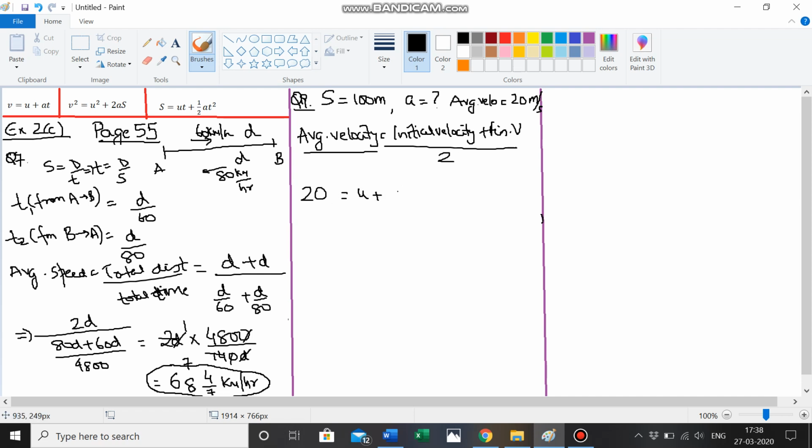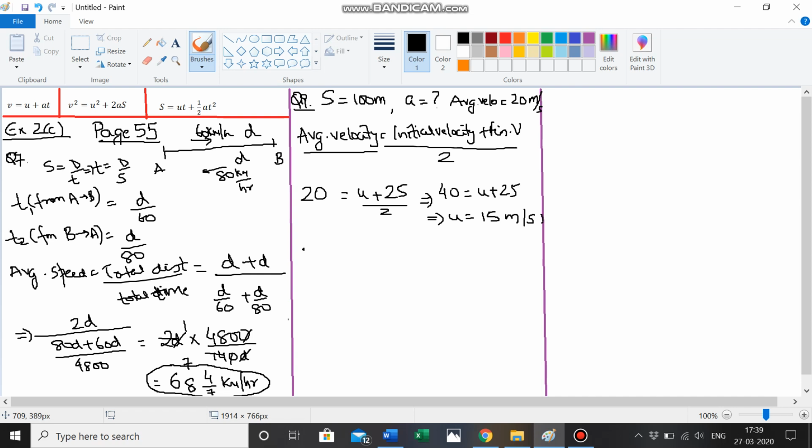Final velocity is given in the question as 25, upon 2. Let's cross multiply. That's 20 into 2, 40 is equal to u plus 25, which means u is equal to 15 meter per second. So I have found the initial velocity.